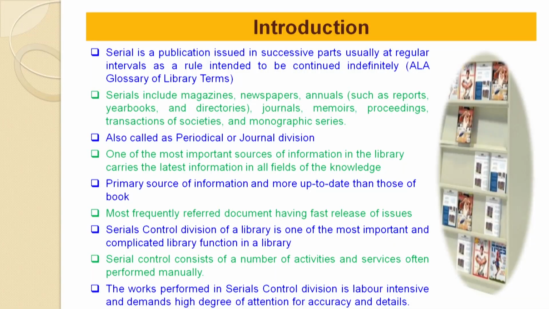So when we talk about serial publications, which are very much sensitive in nature, why? Because unlike books, the information contained in that particular publication is very up to date. That means users want it like a hot cake. So unless you provide them on time, there is no relevancy for giving, say for example, a particular magazine or a journal after its 1 year of publication.